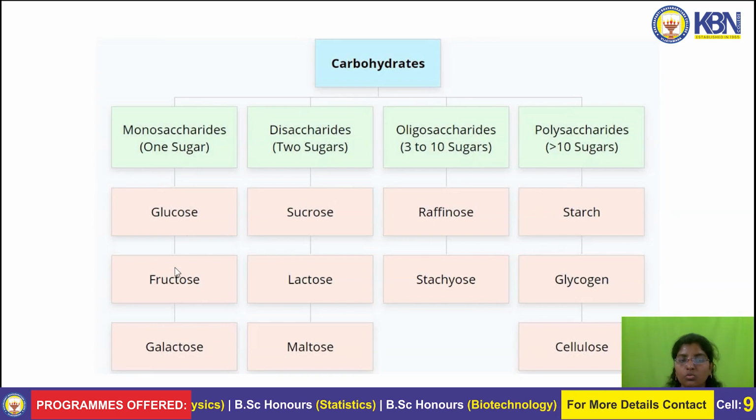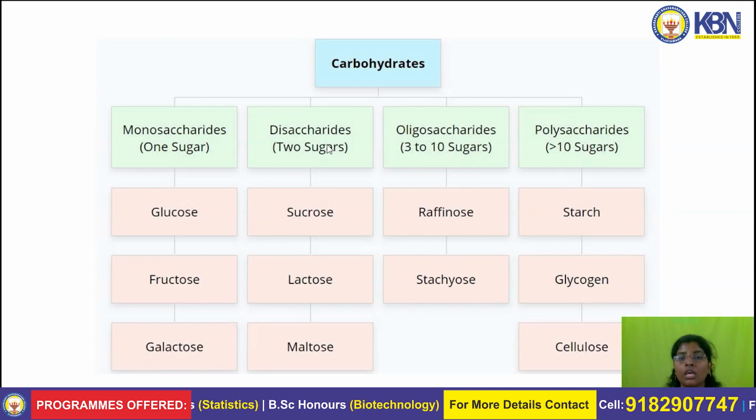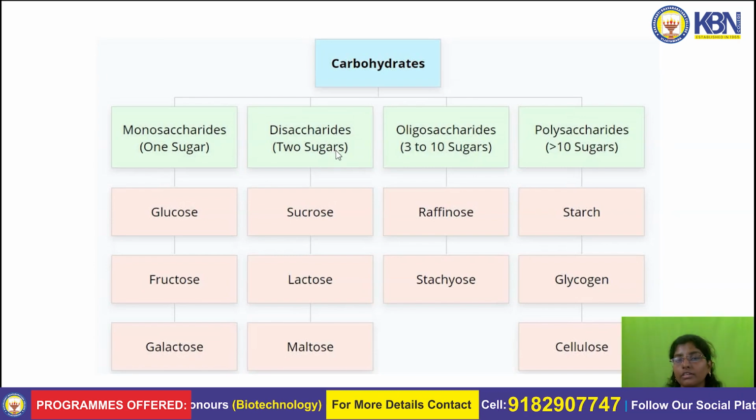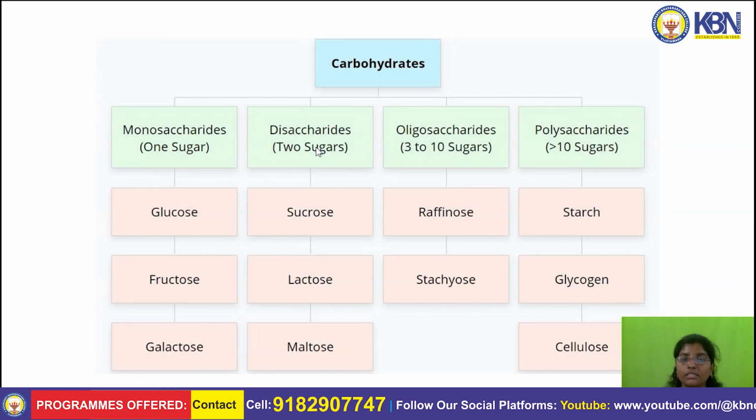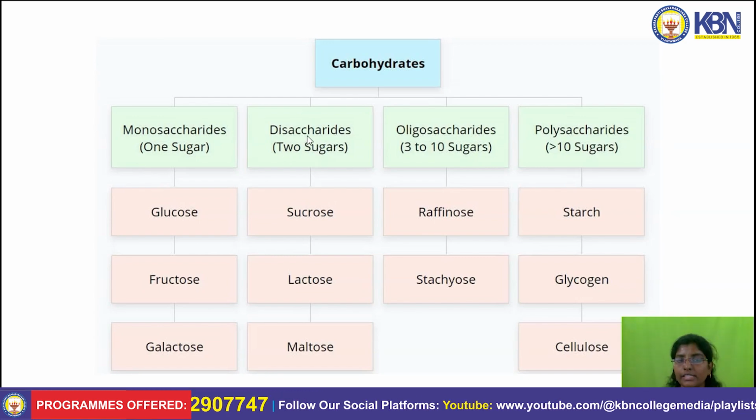Examples are glucose, fructose and galactose. If it contains two sugar compounds, it is known as a disaccharide, and the examples are sucrose, lactose and maltose. Next, oligosaccharides contain 3 to 10 sugars, with examples of raffinose and stachyose.